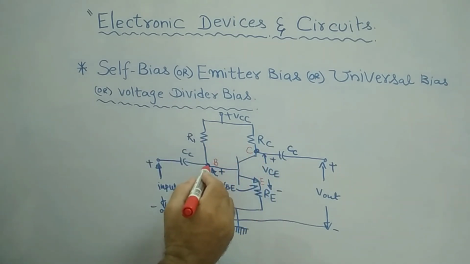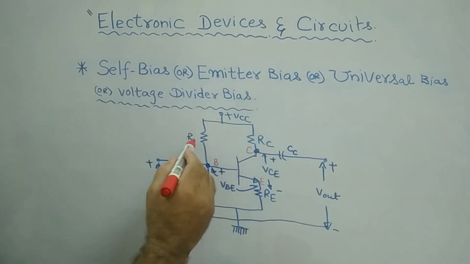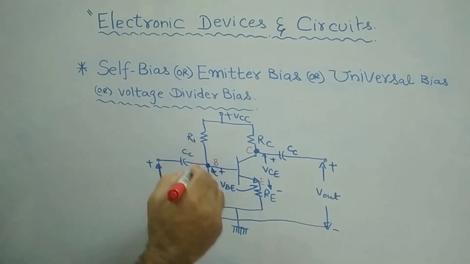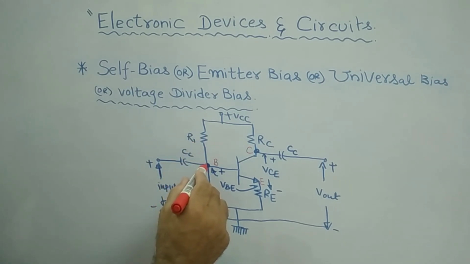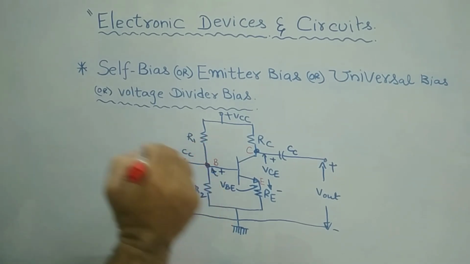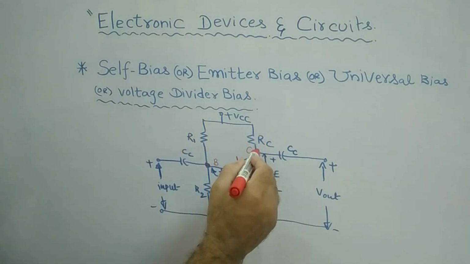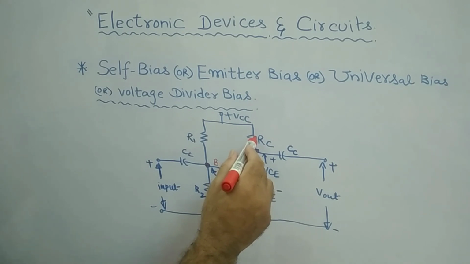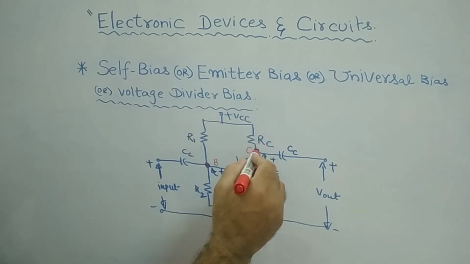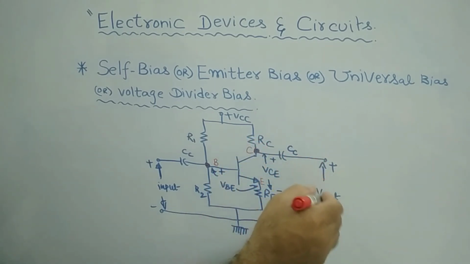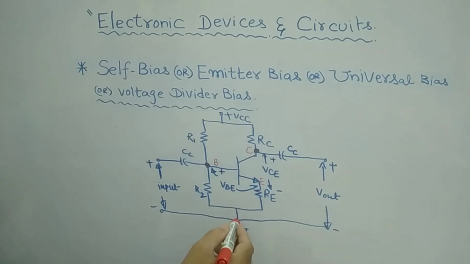Here at the base, you see R1 and R2, the two resistors connected at this point as a voltage divider. At the collector terminal, the collector resistor RC is there, and at this collector point we are taking out the output voltage with respect to ground.